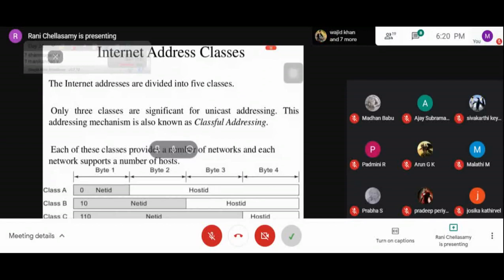Out of the 5 classes, D is used for multicast purposes and E is used for research purposes, for future use.